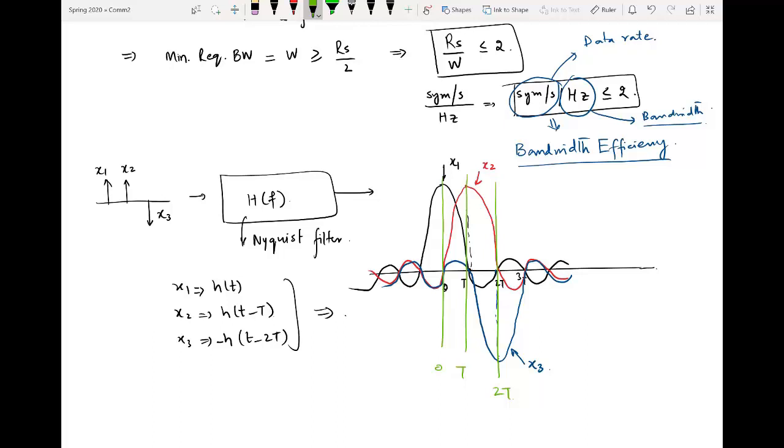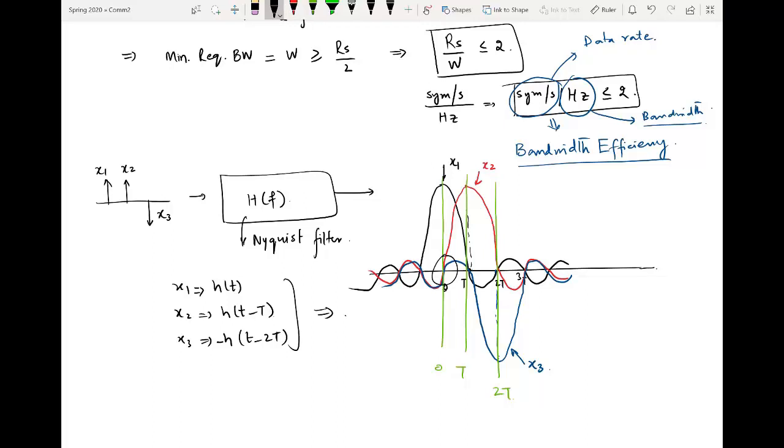And at the same time, at 0, capital T and 2T, the contribution of other pulses will be exactly 0 because they are passing through zero crossings. Like at this point, if you see, I am only getting the contribution from x1.